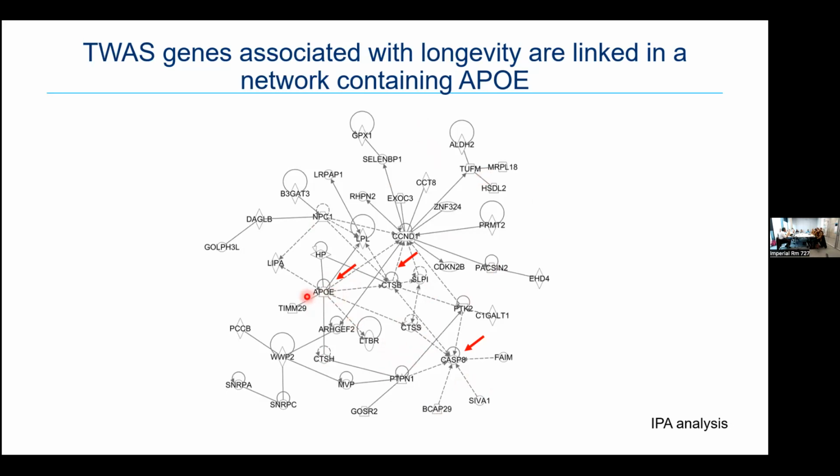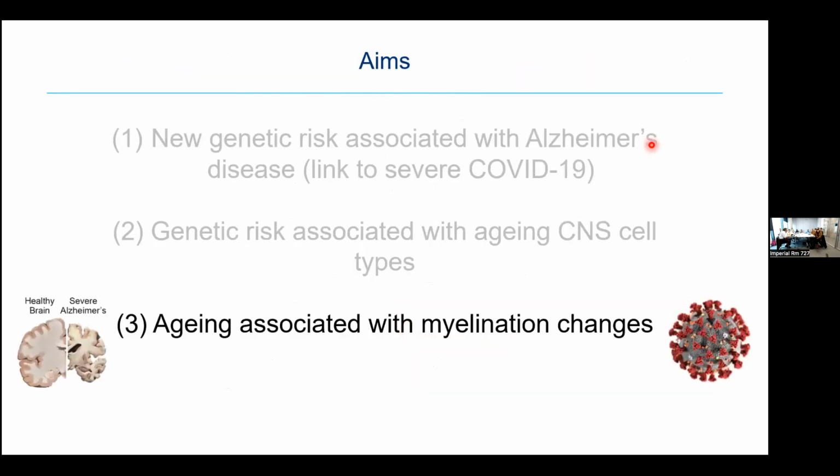ApoE has a big effect on Alzheimer's risk, and it's also strongly associated with lifespan. Many of the other genes that we've highlighted are presumably contributing to the function of ApoE in some way. So caspase 3 is here, and a number of cathepsins are here as well. Again, this helps us derive hypotheses and prioritize genes to study in cell culture and in mice.